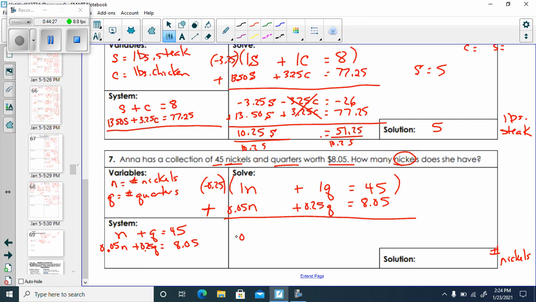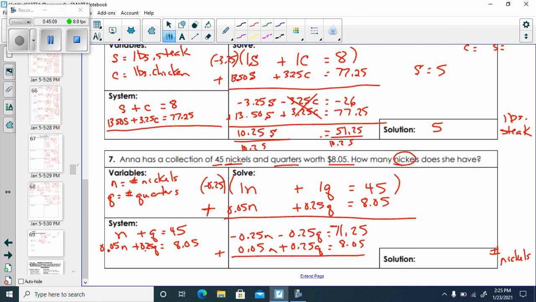That would give me negative 0.25N minus 0.25Q would be equal to negative 0.25 times 45. That's a negative 11.25. Okay, and then we've got, you're adding this, remember, 0.05N plus 0.25Q equals 8.05.